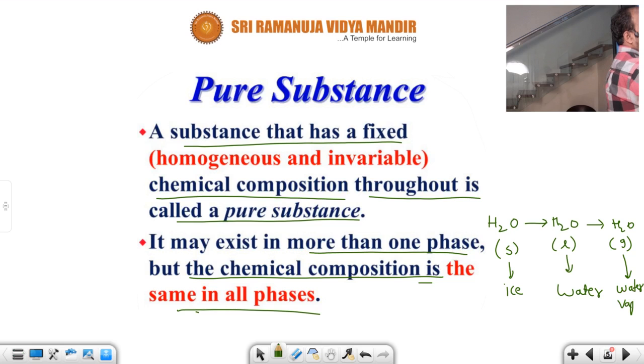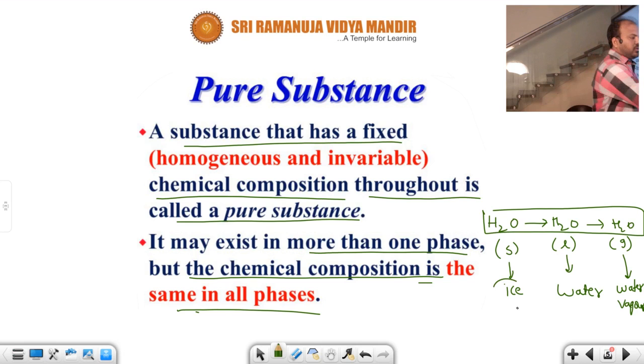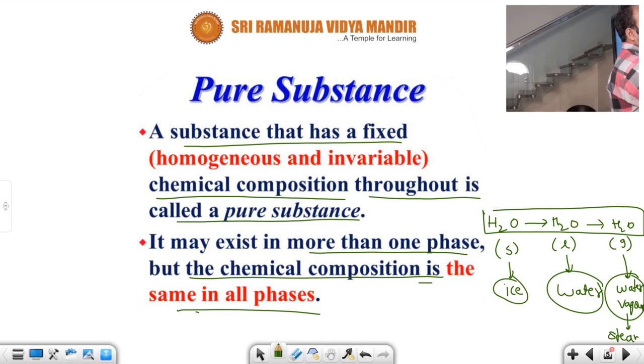Here the chemical composition is the same, H2O, but the physical state is different. So this is considered a pure substance.